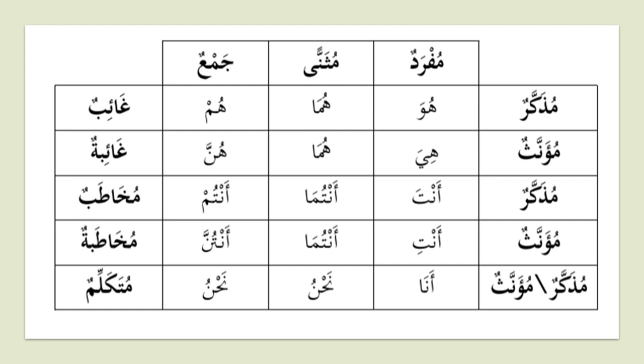Then you have the second for the ghaib, here, she. Huma again repeats, they. So you have huma that comes twice for they, masculine, and they, feminine. Then you have hunna, which means they for three or more women.